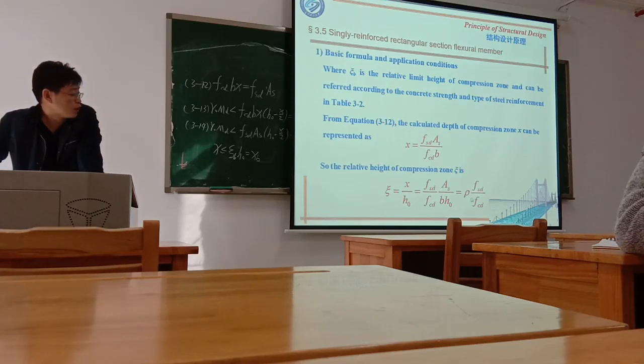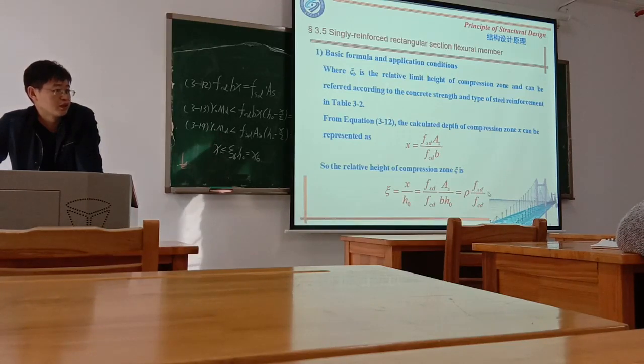Rho is the reinforcement ratio, and fsd and fcd are the strengths of the reinforcement and the concrete. So ξ, the relative height, reflects one thing, the reinforcement ratio, and another, the relationship between the strengths of the materials.